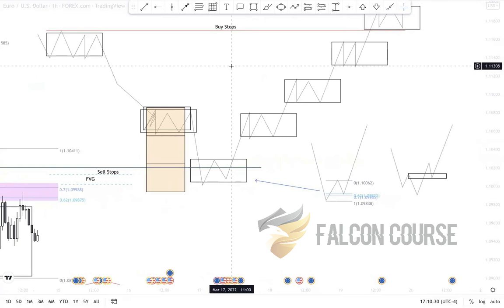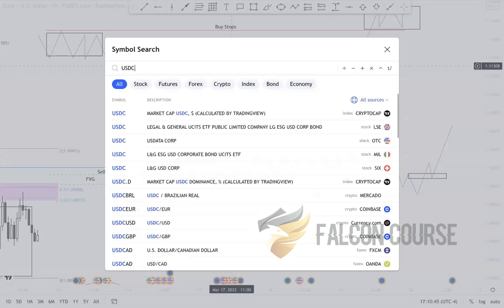You know what, guys, let me show you another example of the no break of structure entry, because there are quite a few ways to use this. Let's go to USD CAD.